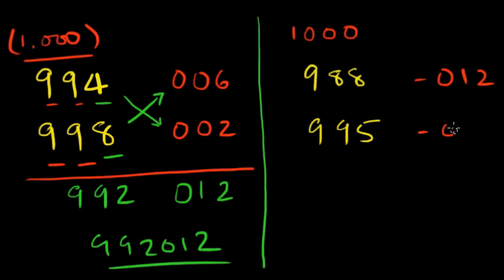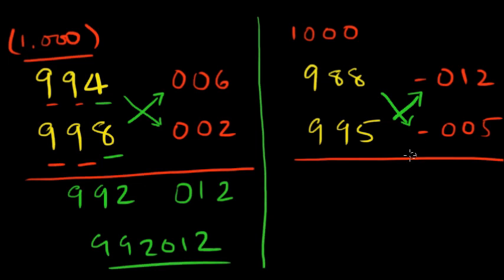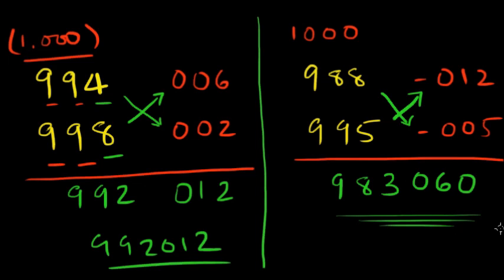And here we get 0, 0, 5. So 988 minus 5, or 995 minus 12. So let's do this. 983. And 12 into 5 is 60, so same thing as 0, 6, 0. There's your answer.